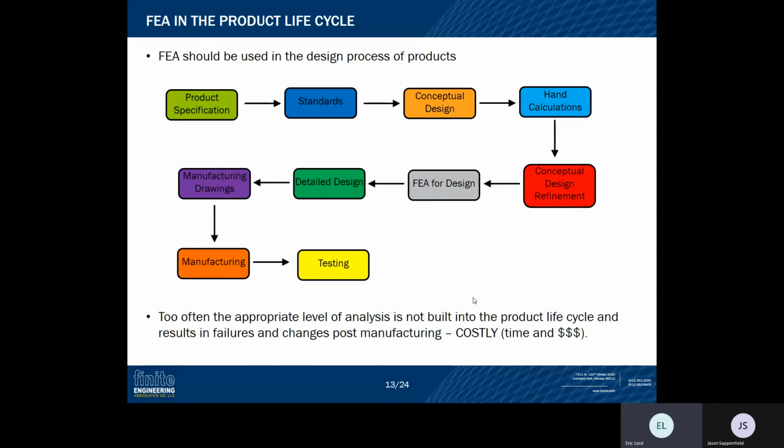So initially you do some very simplistic hand calculations just to kind of tell you that, yes, it's in the ballpark, it's going to work for the most part, or this is the one area that we're worried about, let's check it. And then that gets you kind of into whether you need to make conceptual design refinements or not. And then if you're sort of happy with all of that, this is where the FEA really comes into play in saying, yes, I've done some hand calculations.